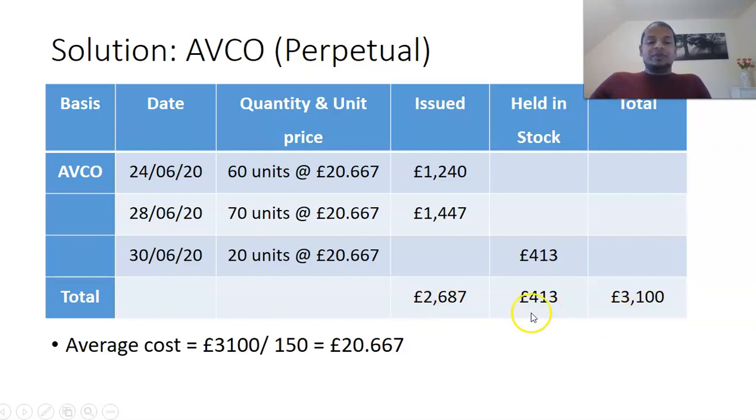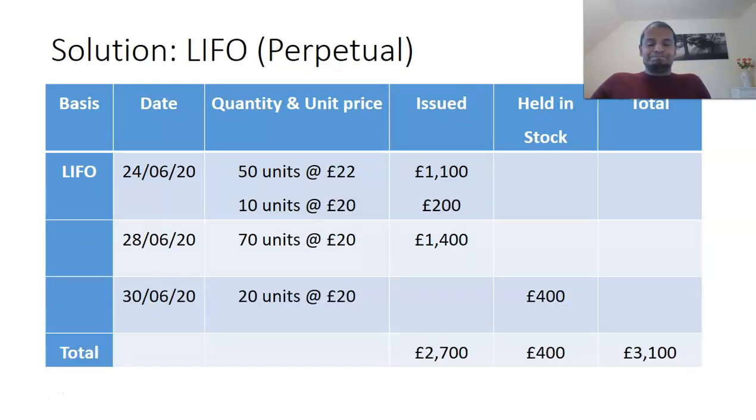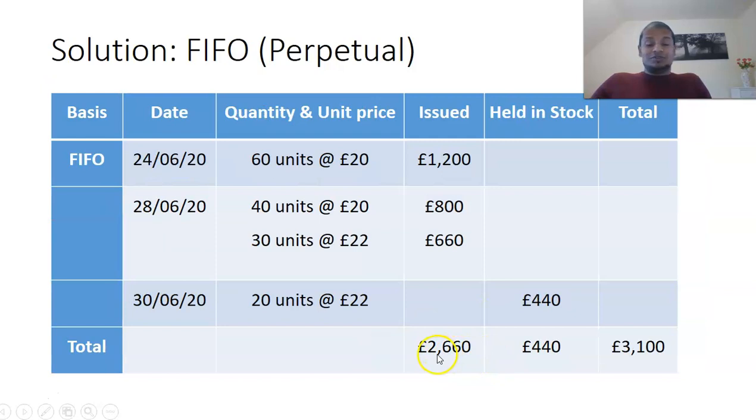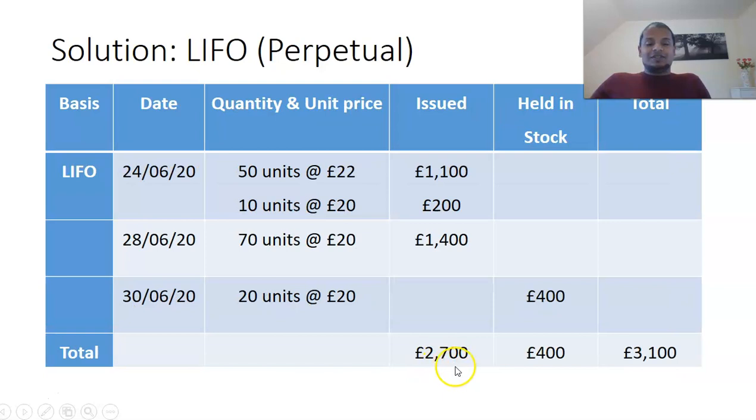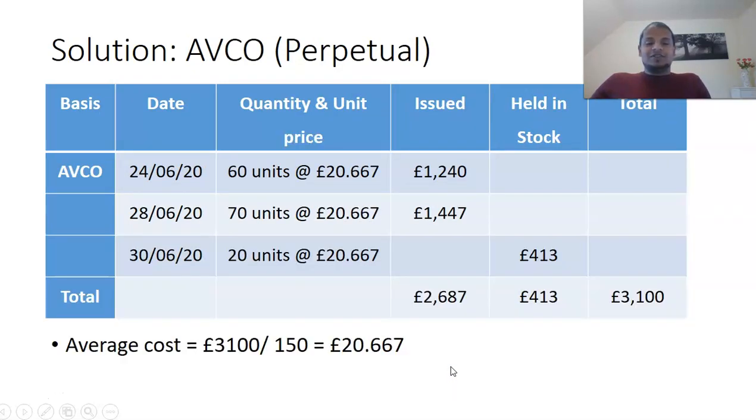If you compare with the previous two methods, the cost of material consumed is in between those two methods: in the previous methods it was 2,660 and 2,700, but in case of average it is in between.